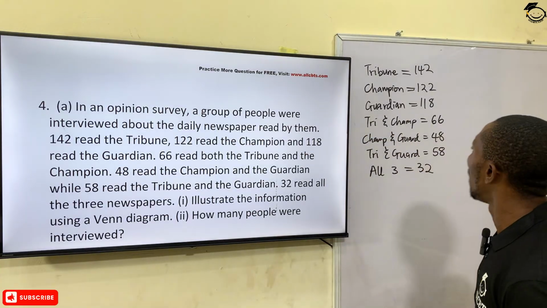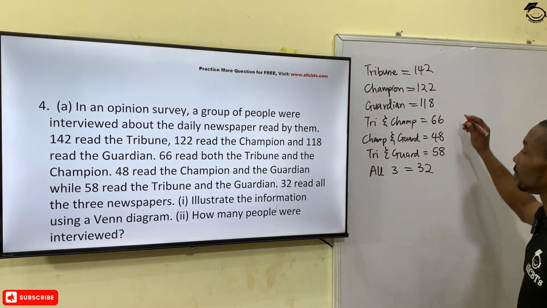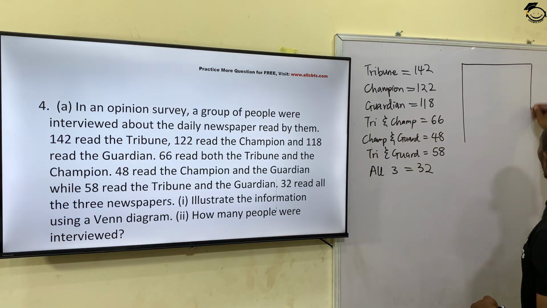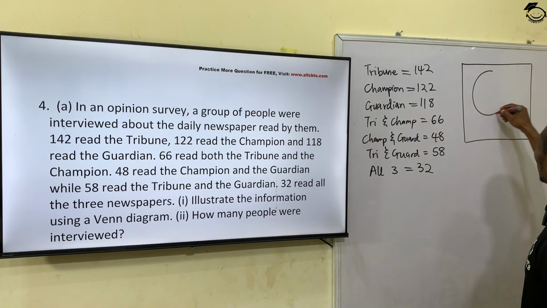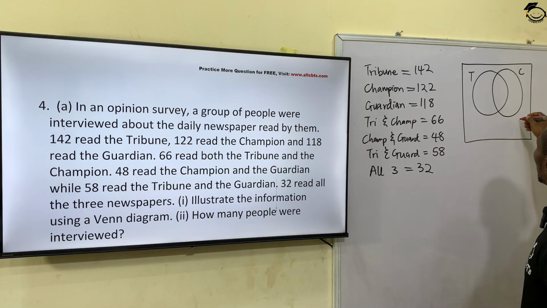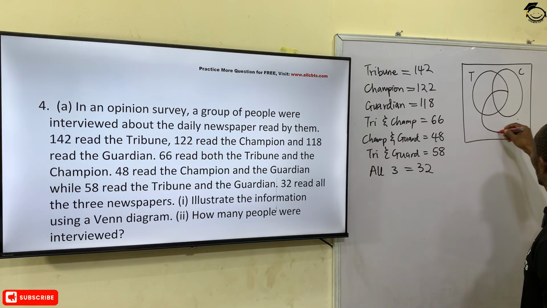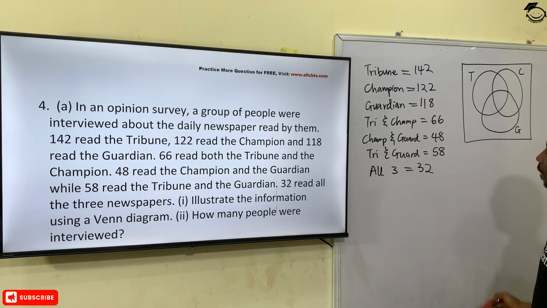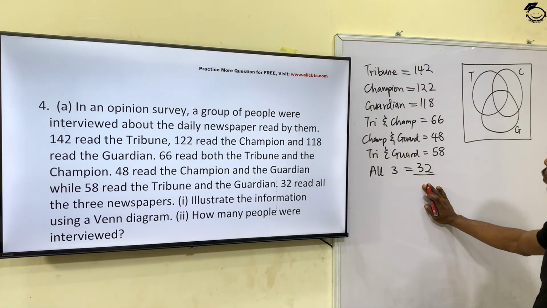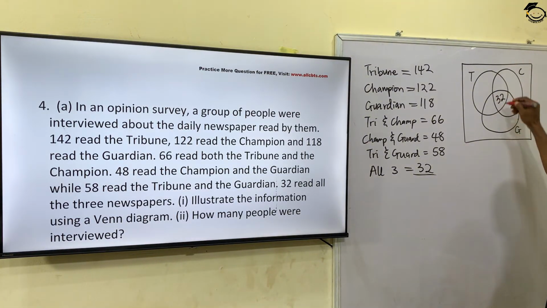Now, our first part is illustrating this information in a Venn diagram. This will be for Tribune. This will be for Champion. And this will be for Guardian. Now, since we have 32 people reading all three newspapers, this will be where we'll fix our 32, which is the intersection of all three.